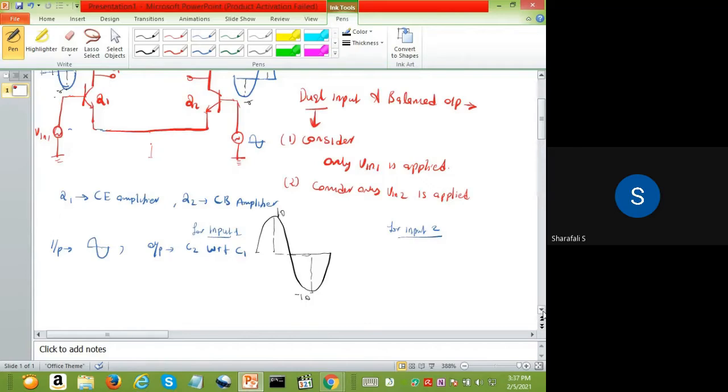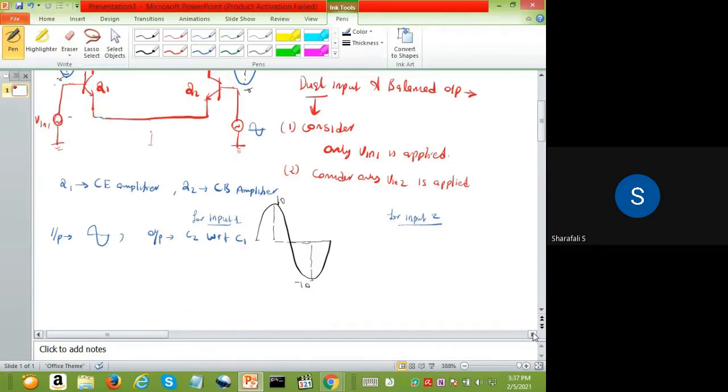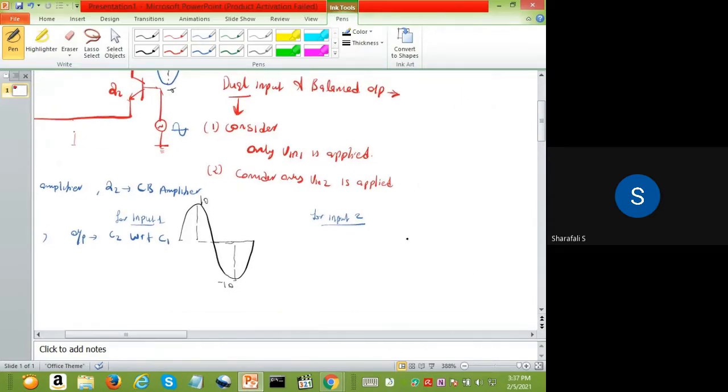So for this case, in the first cycle it will come minus. So here this is minus 10. In this case, we have to measure the difference with respect to C2.